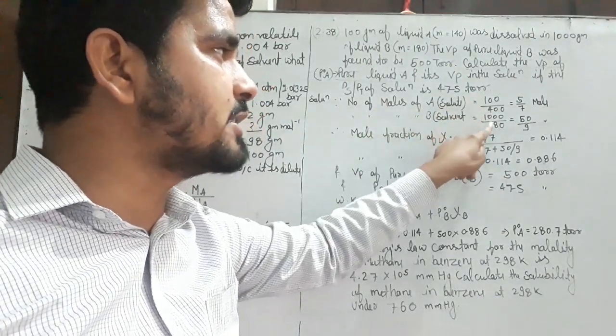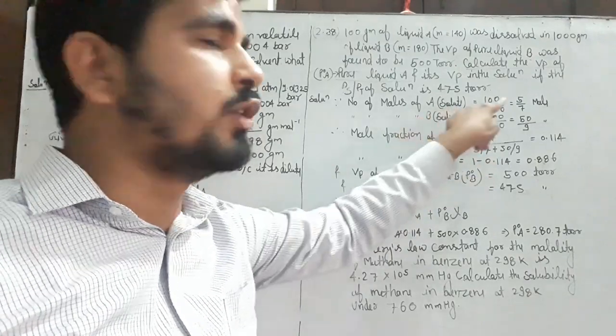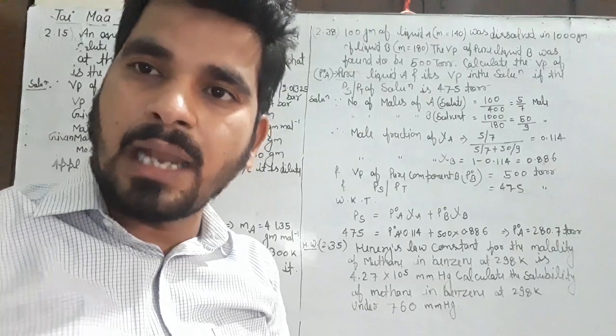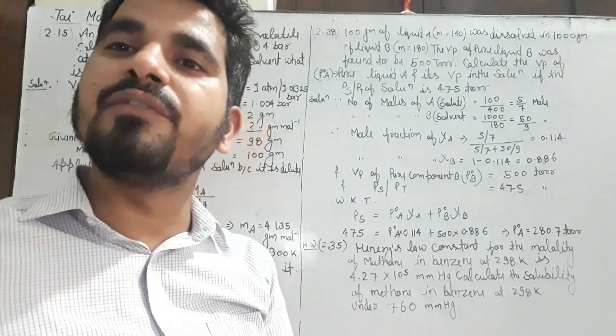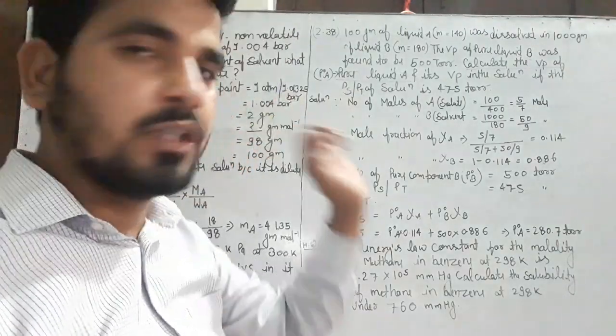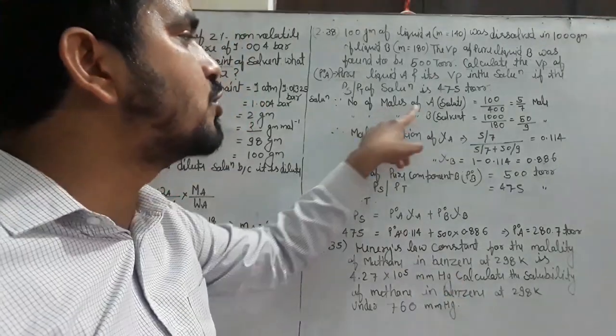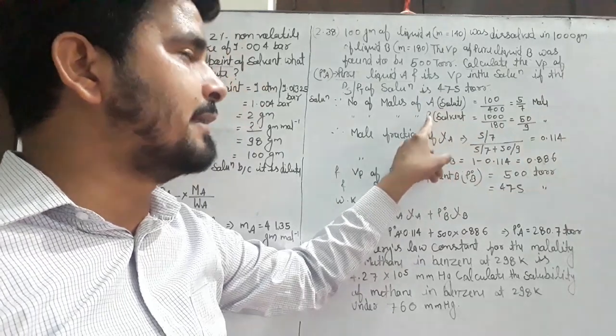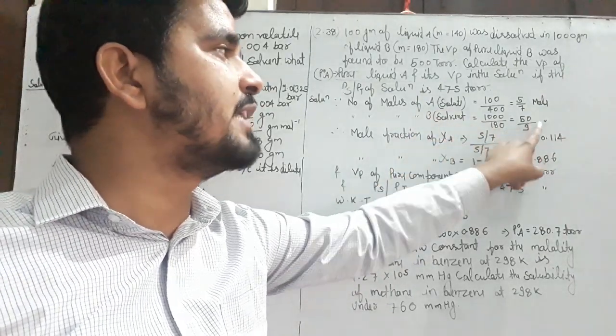The component present in lesser quantity will be the solute, and the component present in greater quantity will be the solvent. On that basis, moles of solute equals 5.7 after solving. In the same way, moles of solvent will be 50 upon 9.